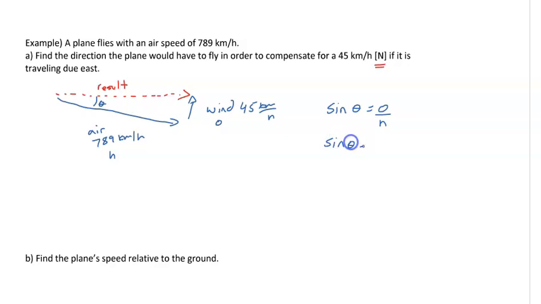We're going to be looking for that angle of 45 over 789. And so as we solve for this, you're going to find that the angle is in fact 3.3 degrees. Now, based again on the way that these vectors are moving and the way that we drew them, this is going to have to be south of east.